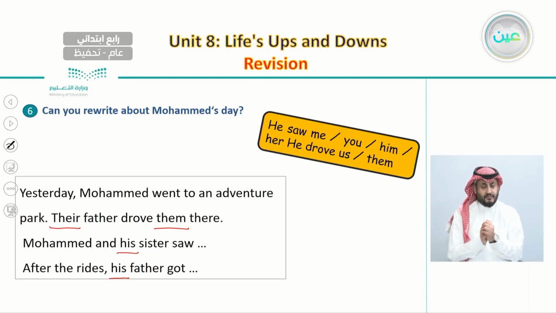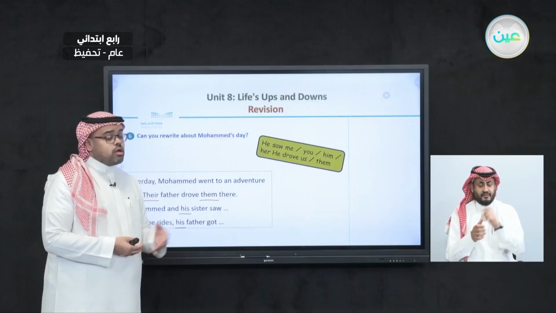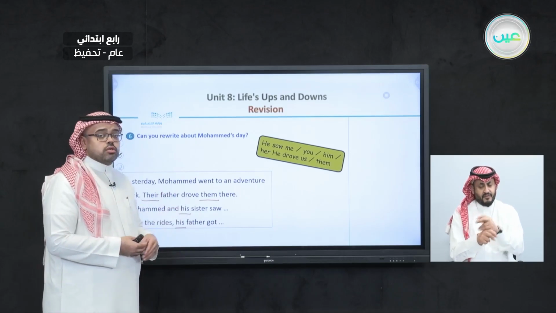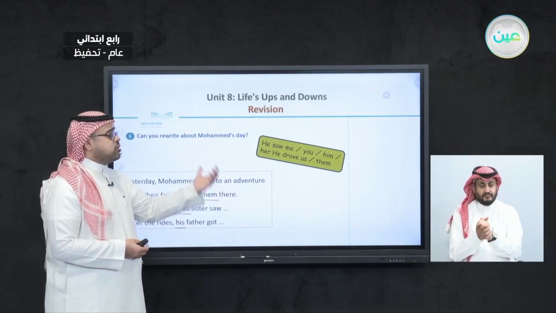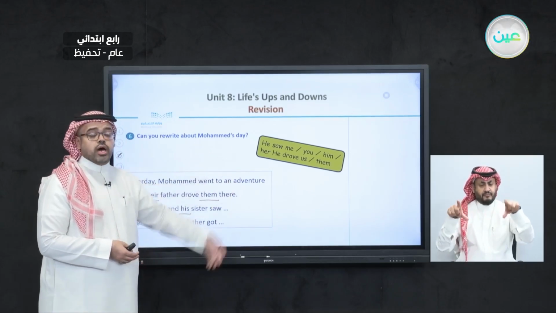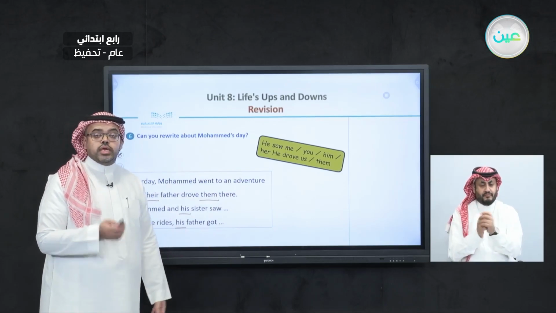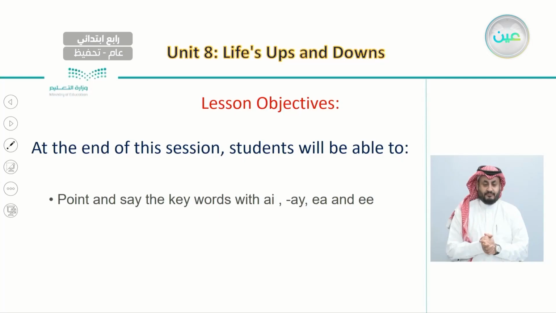And we can do it also whenever we see the pronoun my. So this is how we can rewrite a story, by changing the pronouns. And as we can see here we have a list of the pronouns that we can use.